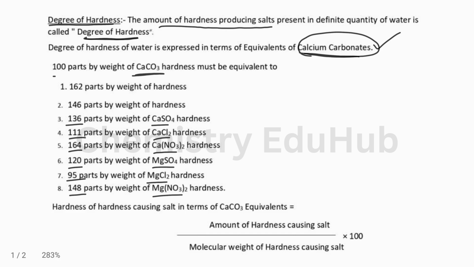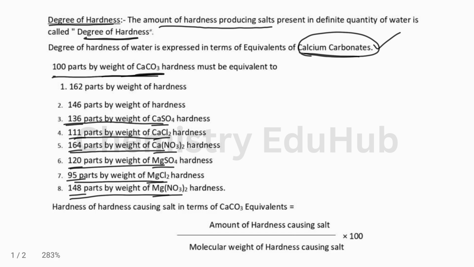That means 100 parts by weight of calcium carbonate hardness is equivalent to these values of other hardness causing salts. It's just a comparison of hardness with calcium carbonate and other hardness causing salts.